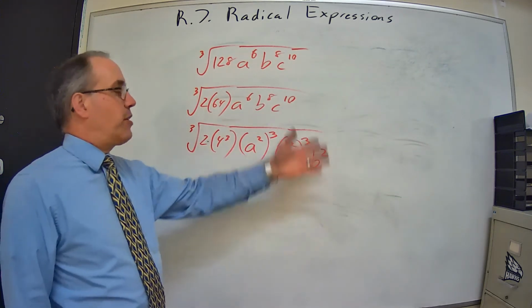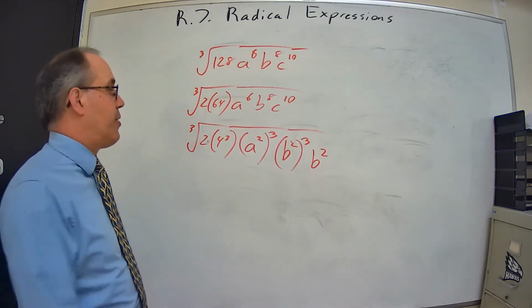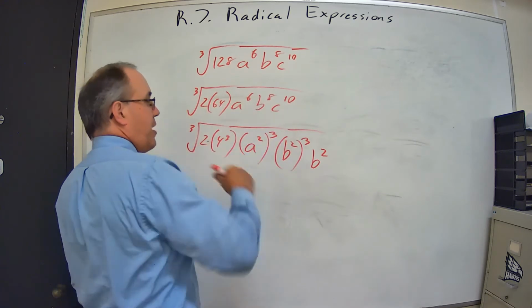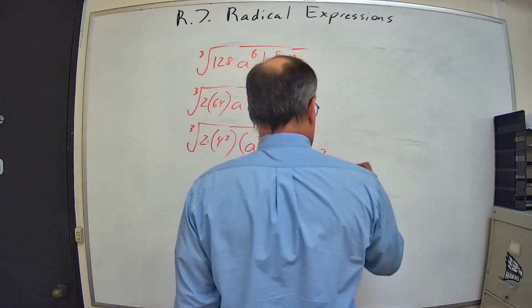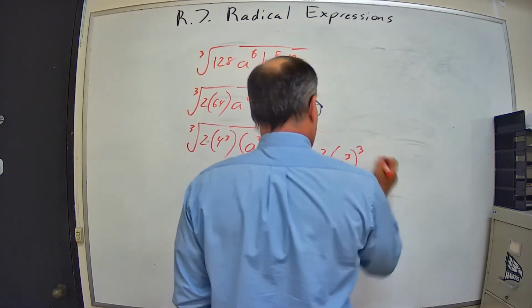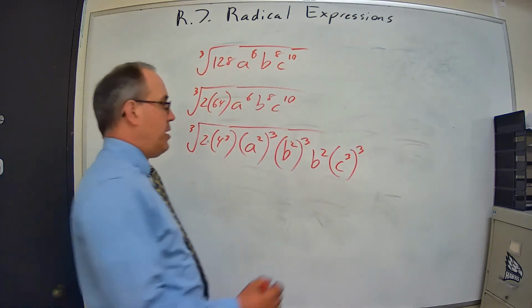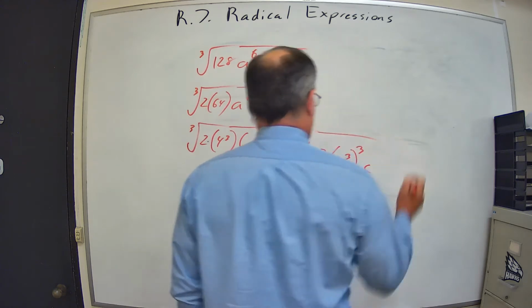Can't raise it to a power because I couldn't get it up to 3. And then C to the 10th, 10 divided by 3 is 3, so C cubed with a remainder of 1, C.